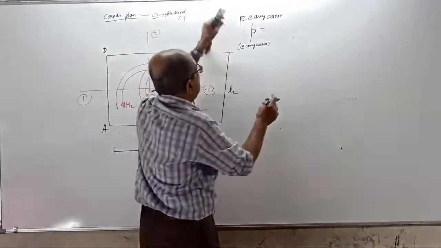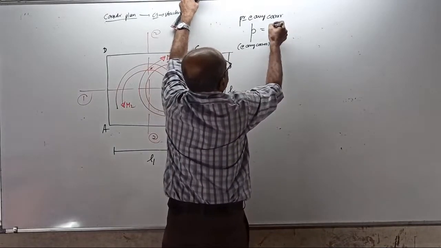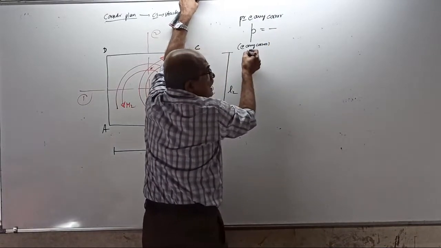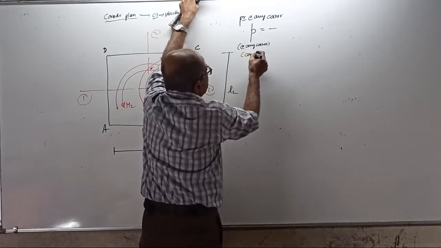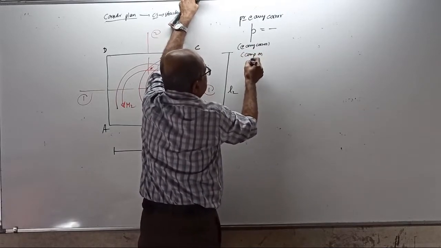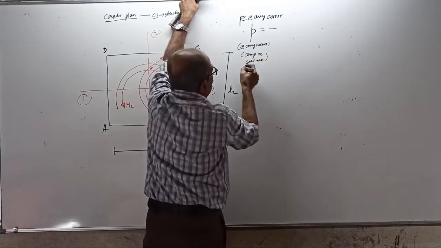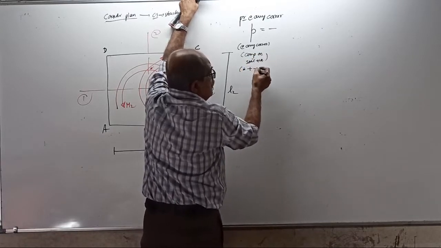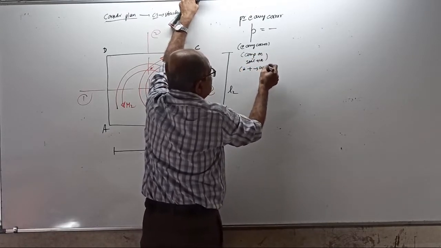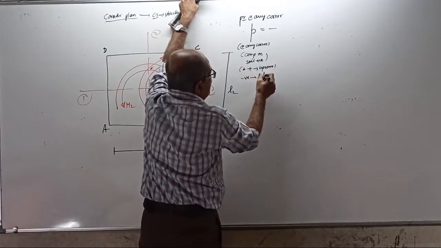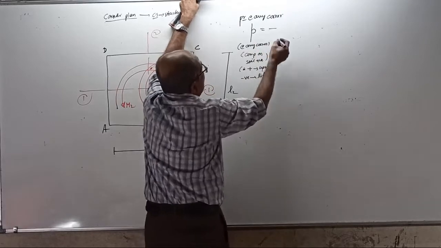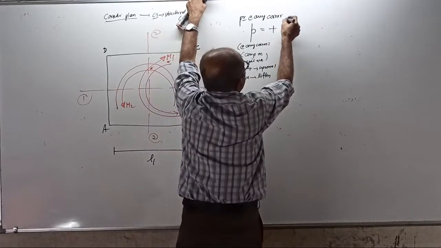Here only one formula, equal to plus compression. Compression positive means the sign is compression on soil positive, meaning upward reaction. Negative means lifting. Okay, start. It is plus P by A.